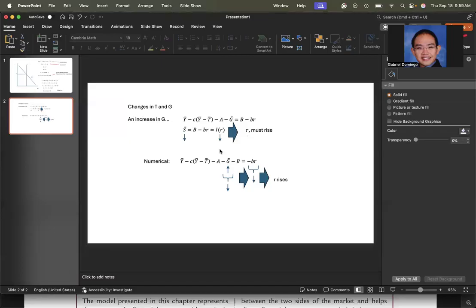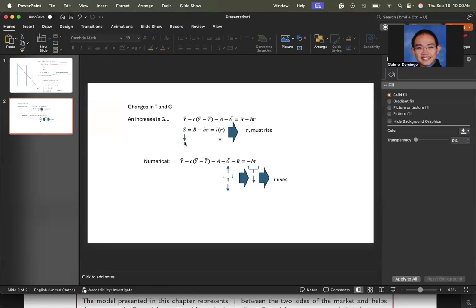If you increase G, then your savings will fall, right? Because it has a negative sign on the left-hand side. So an increase in G will make the S bar, or the savings, go down. Intuitively, an increase in G is basically an increase in government consumption. And if you increase consumption, then by definition, that means your savings has to go down.